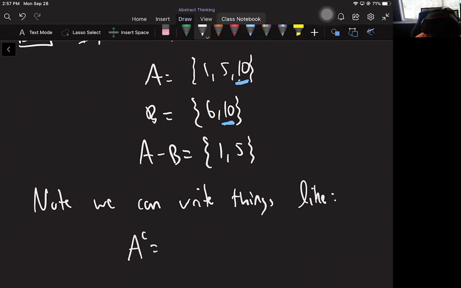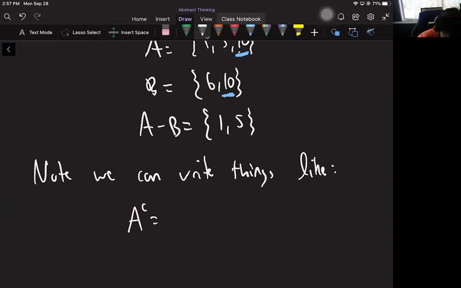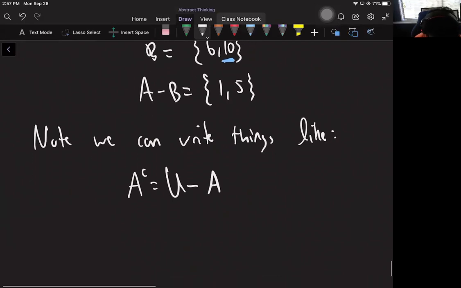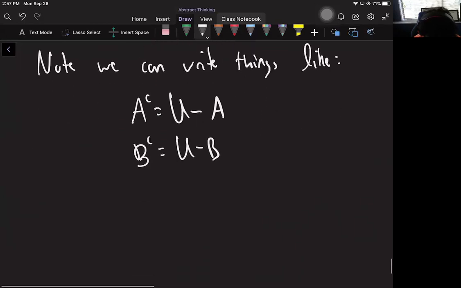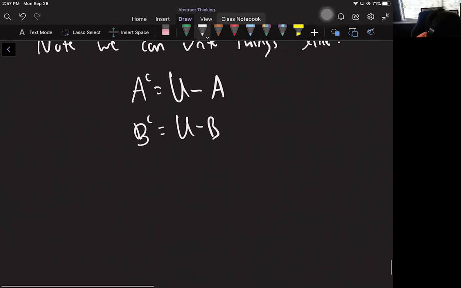If your A is living in some universe, which it has to be, the universal set, you can also just think of it as the universal set take away A instead of just A complement. And same thing with B. So it's the same thing, just a different symbol. Okay, so let's do something else.